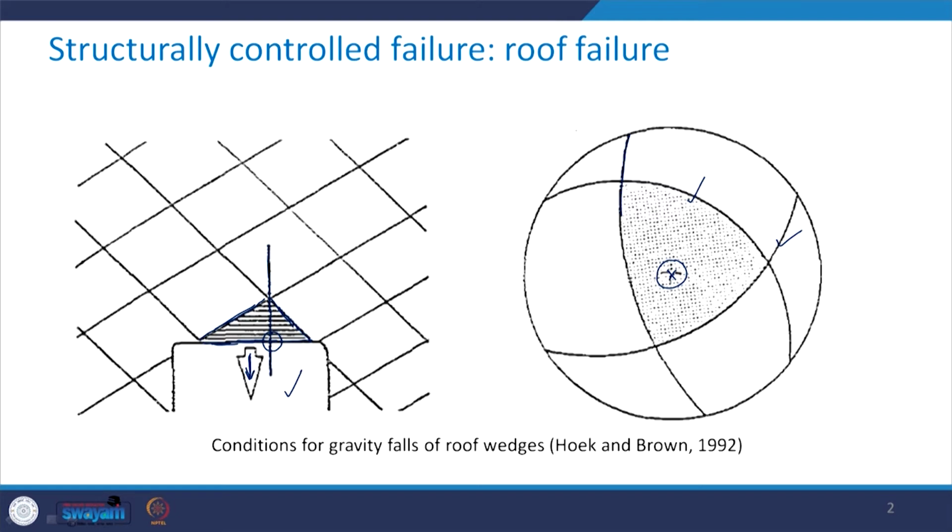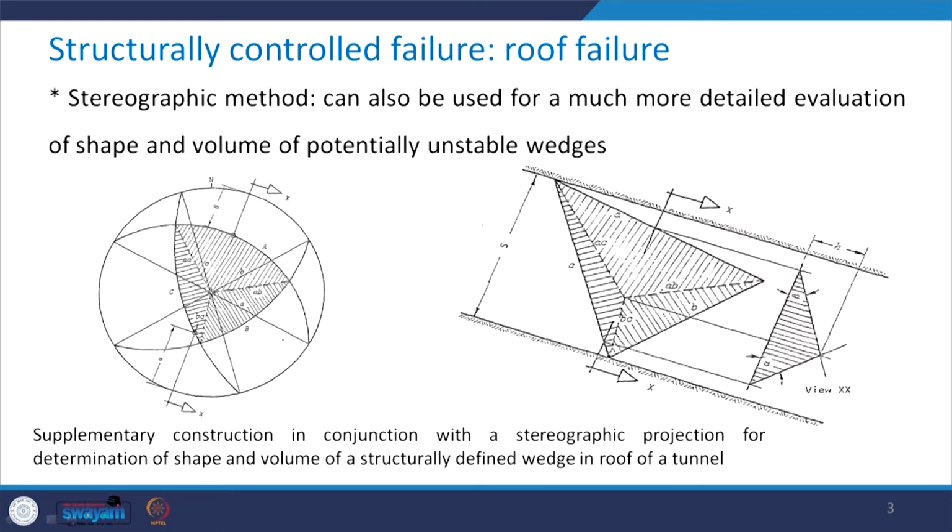If this is lying within the intersection zone of these three great circles, then this condition will be satisfied, that the vertical line passing through the apex of the wedge is also within the base of the wedge. I mentioned in the previous class that the stereographic method can also be used for a much more detailed evaluation of the shape and volume of potentially unstable wedges.